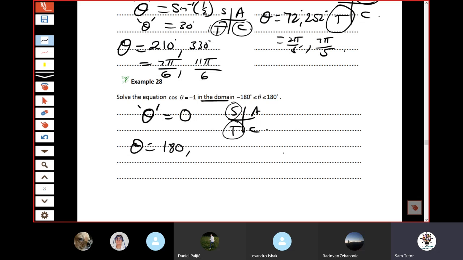So if I've got 180 degrees, and if I cos 180, if I keep adding 360 to 180, so 540, 900, 1260, 1620, 1980. What are all of these going to become when I cos them?